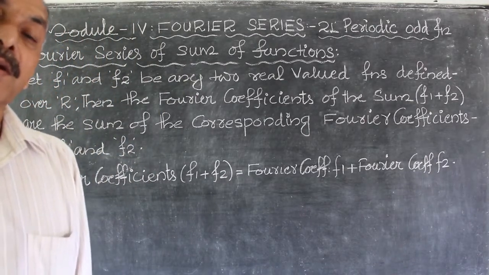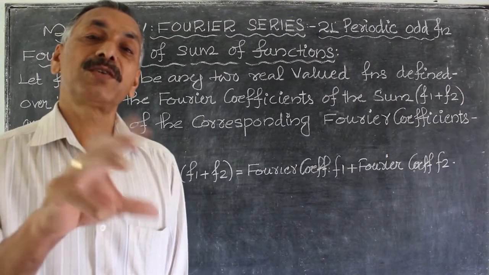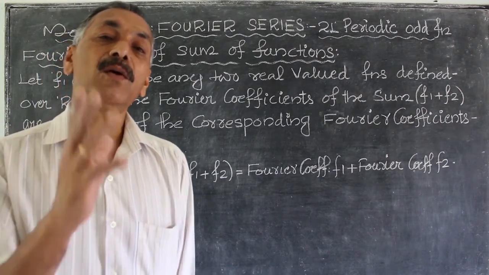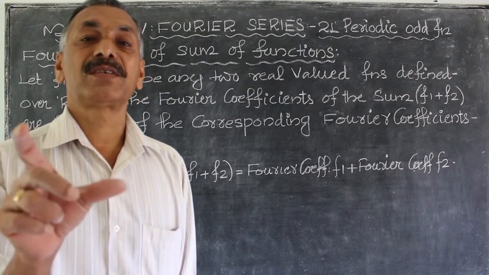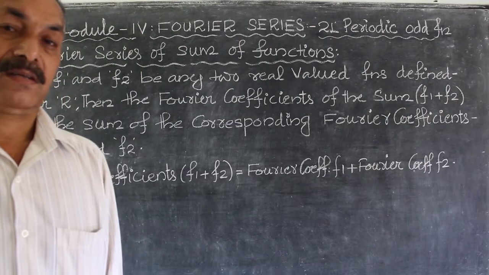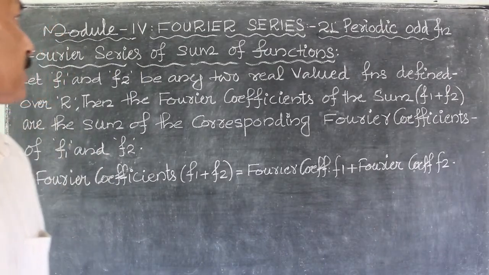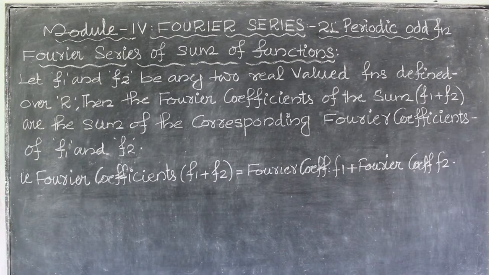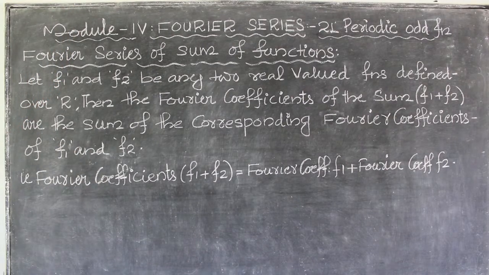But directly x plus pi plus x, then f of x is equal to pi plus x. f1 of x is equal to pi, f2 of x is equal to x. And in the Fourier coefficients, that's okay? Save it: Fourier series of sum of two functions. That Fourier series coefficients of f1 plus f2 is equal to Fourier coefficient of f1 plus Fourier coefficient of f2. Save here.